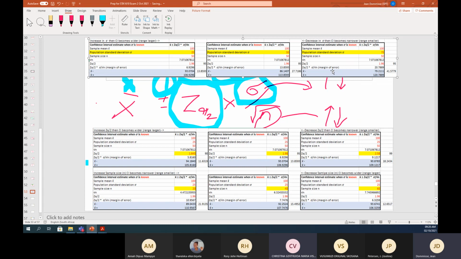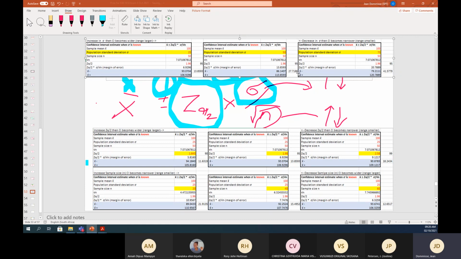Yes, because if that goes up, and that stays the same, that whole thing will become bigger, so your range will become bigger. And if that becomes smaller, the thing that you multiply with will become smaller, so your range will become smaller. So it works perfectly. Your plug and play is working.